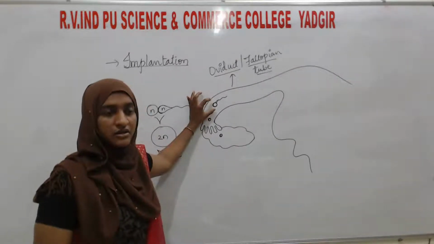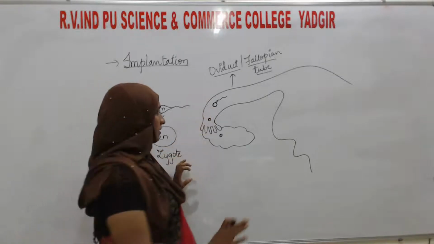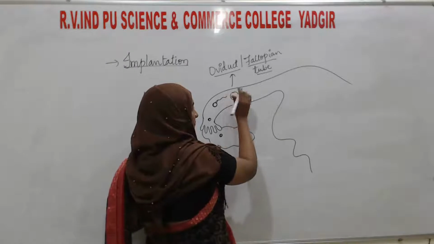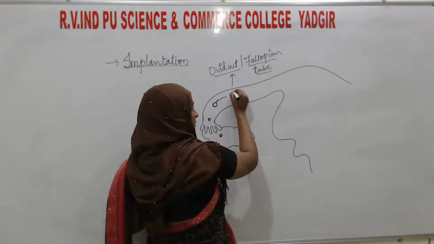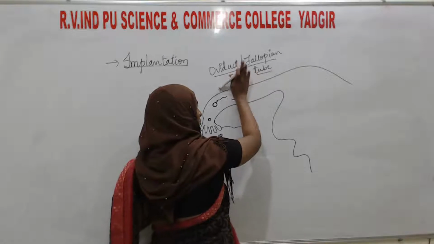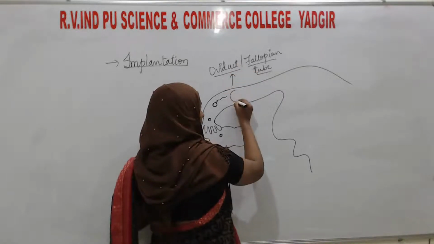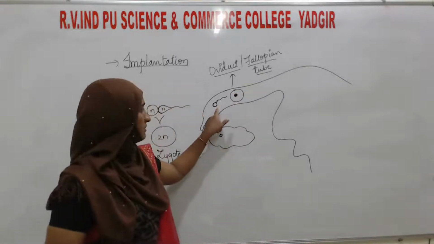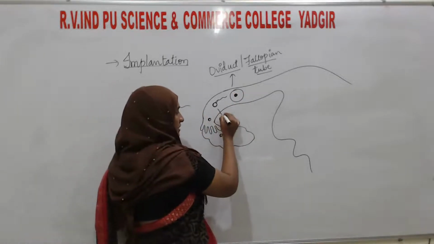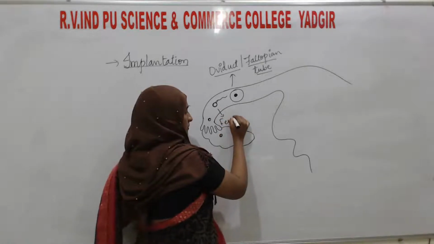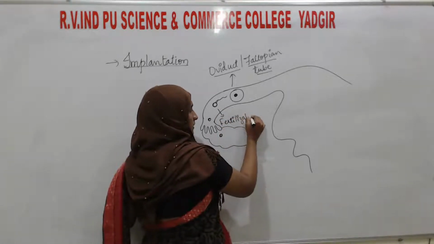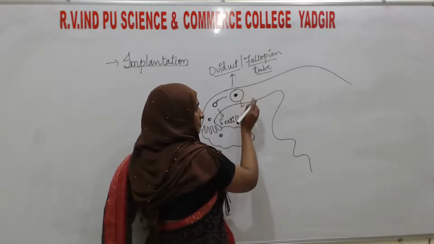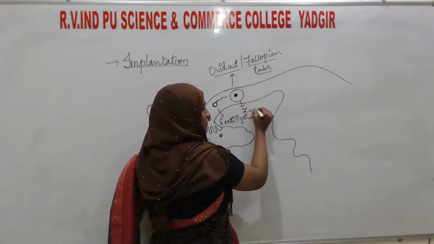After fertilization, the zygote is going to form. Somewhat bigger I will draw here. This is the zygote. Here fertilization is taking place. After fertilization, the second event which takes place in the fallopian tube is the formation of the zygote.